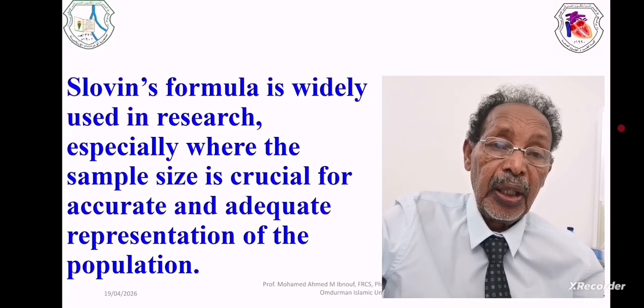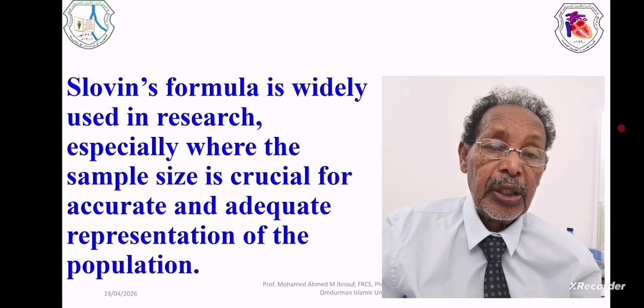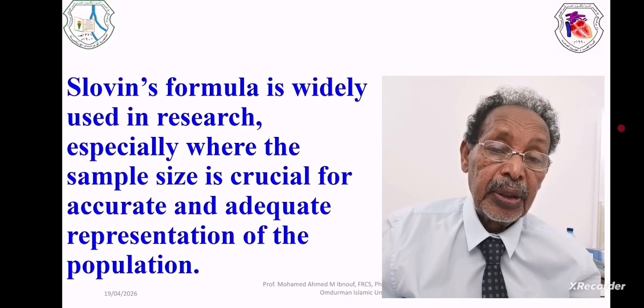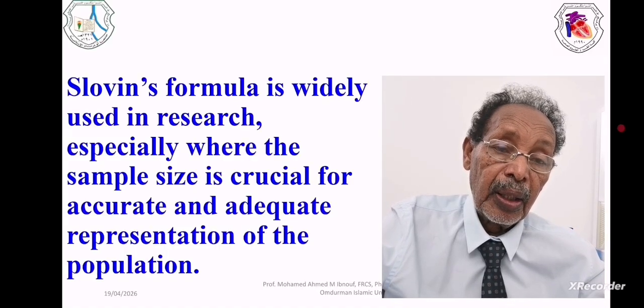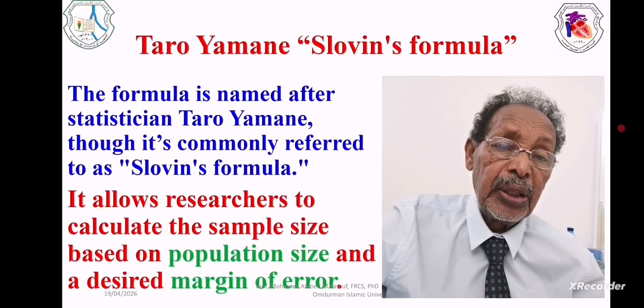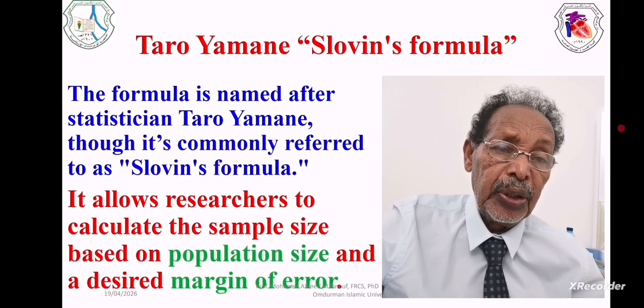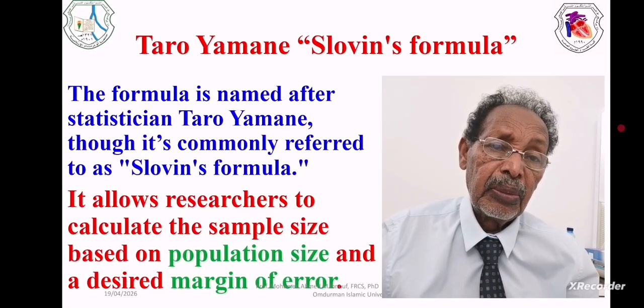The Slovin's formula is widely used in research, especially where sample size is crucial for accurate and adequate representation of the population. Although the common name is Slovin's formula, it is not known where the name Slovin came from, and in the literature it was not clear.